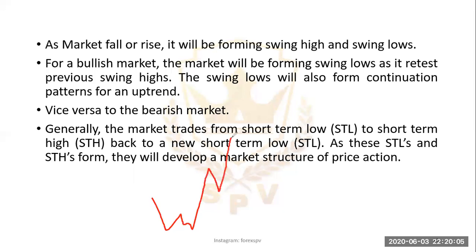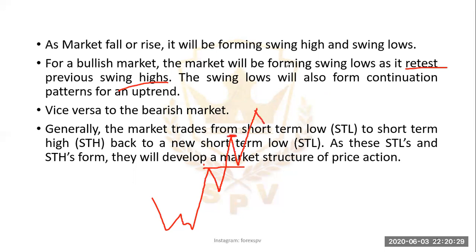And then they come to retest previous swing highs. So sometimes they come to retest this, or we know that the market is having a continuation when it breaks a previously formed swing high.